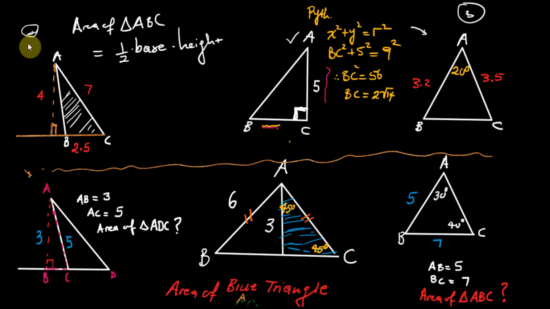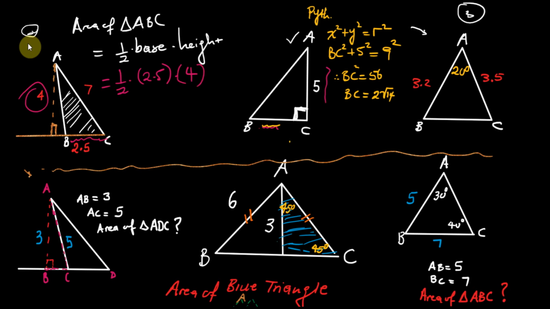You use the base, which is BC, and then the height, which is 4. So it's going to be half multiplied by the base for this triangle ABC, which is 2.5, and then multiplied by a height, which is 4.